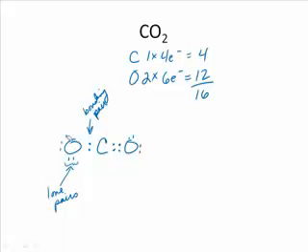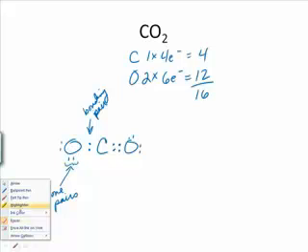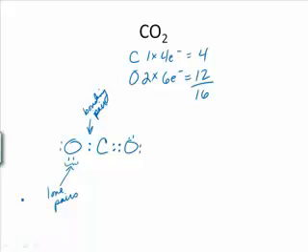I'll move one of these in. Okay, so now I've only used 16 electrons, but everything has 8 around it. This is called a double bond.